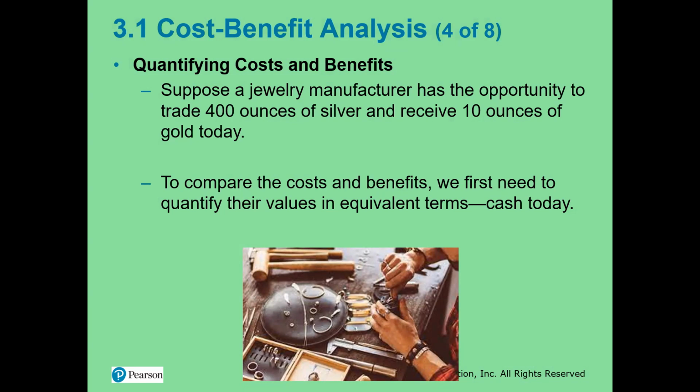To make a meaningful comparison, we need to quantify their values in equivalent terms, and that's often represented in cash. By determining the respective cash values of the silver and gold, we can accurately assess the trade's cost and benefit.